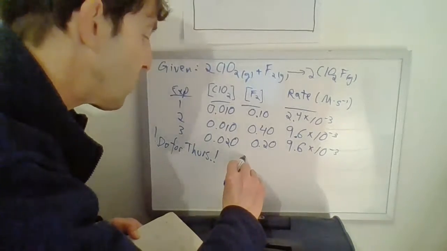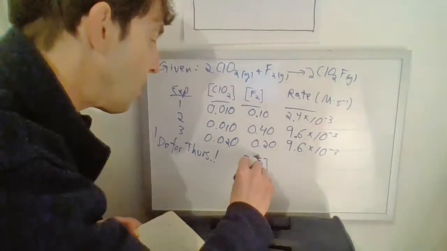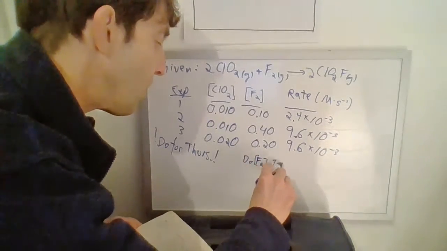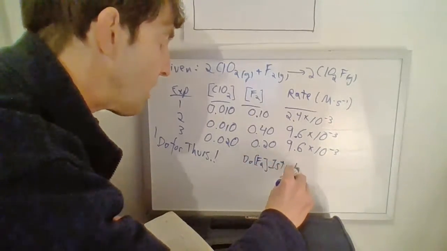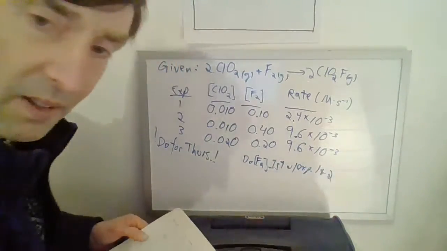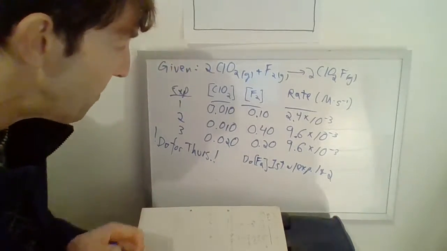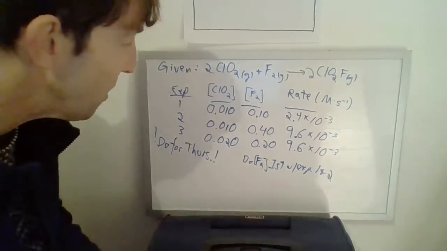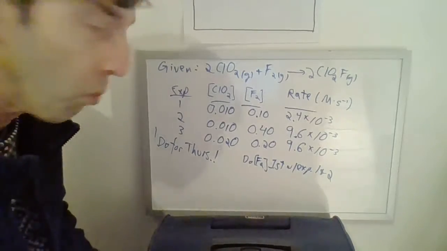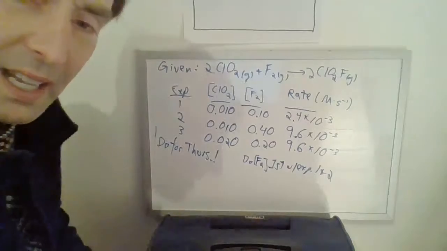Do F2 first, with experiment 1 and 2. Then I think you'll see with your logic how you can figure out the other one with 1 and 3, how you can figure out the concentration of ClO2 and what order that is.